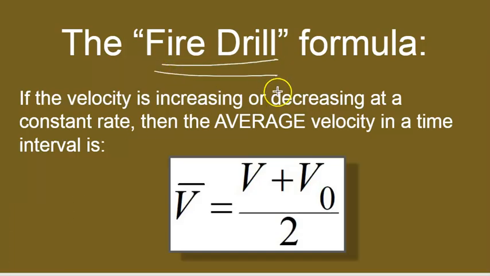The fire drill formula, clearly Miss Groppy's goofy name for it, is: the bar over the velocity means average.